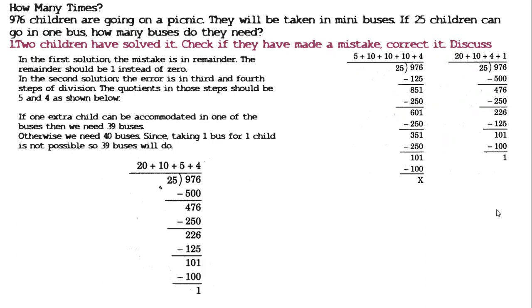So the first one: 39 is the answer, sir. But one child will not be in the bus, sir.